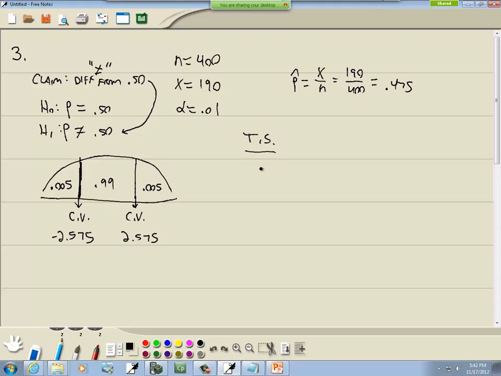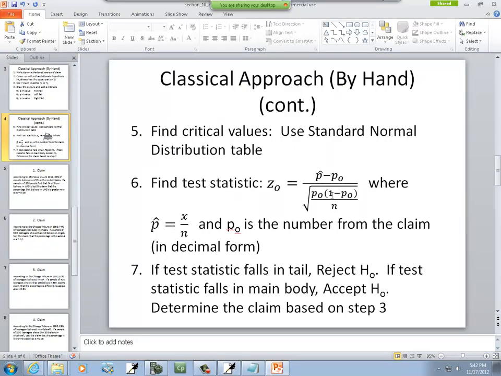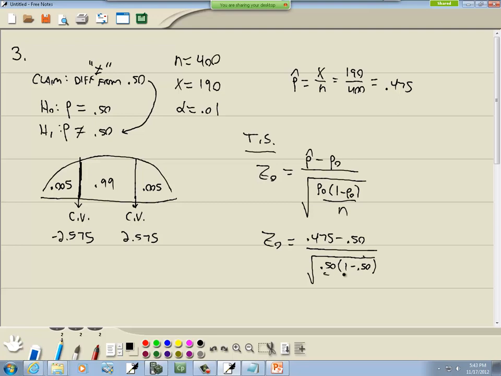And for our test statistic, we got z naught is equal to p hat minus p naught, using this formula, divided by the square root of p naught times 1 minus p naught, divided by n. Well, p hat is 0.475 minus p naught, which is 0.50, over the square root of 0.50 times 1 minus 0.50 divided by n, which is 400.